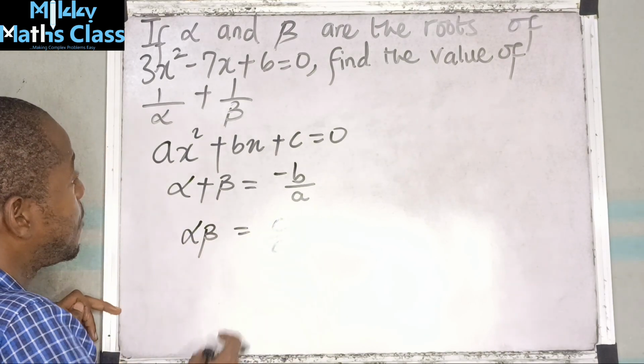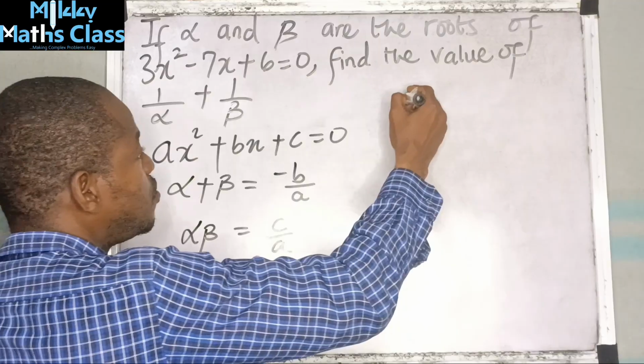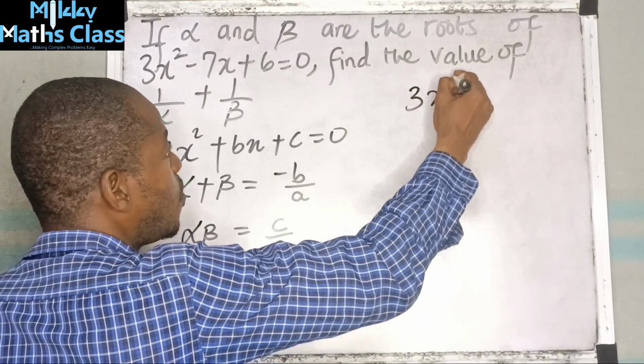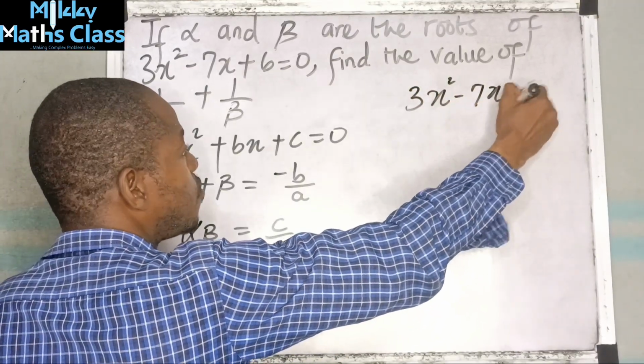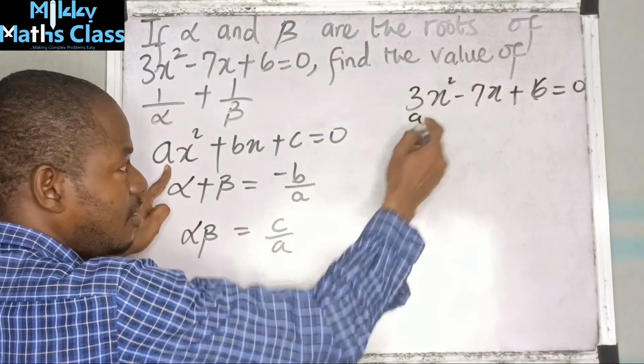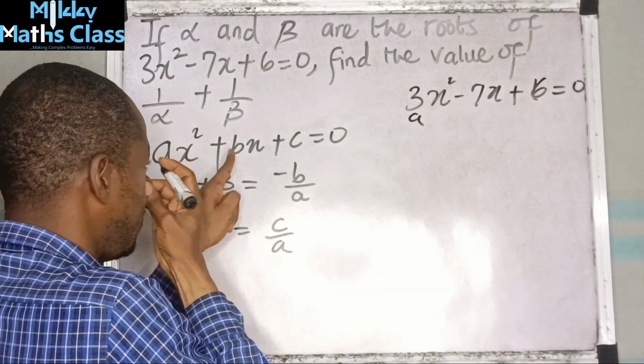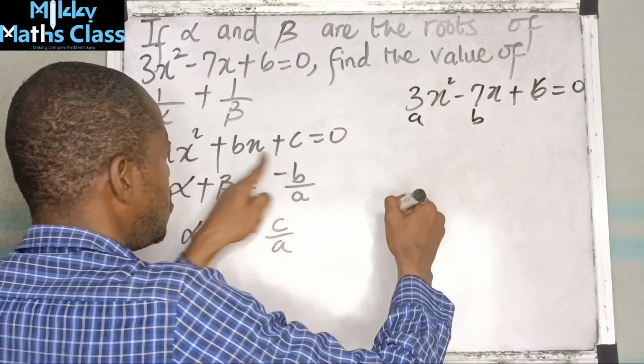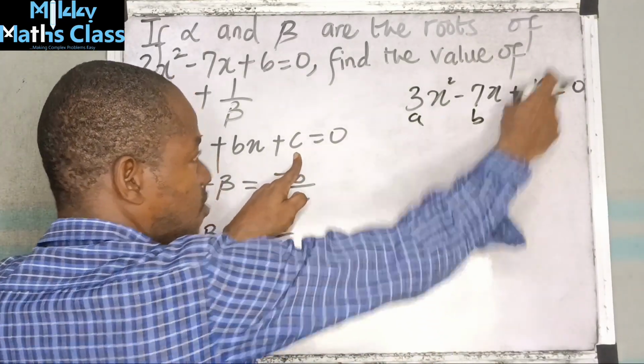Now from the quadratic equation 3x squared minus 7x plus 6 equals 0, my a is this 3, my b is the negative 7, my c is this positive 6.